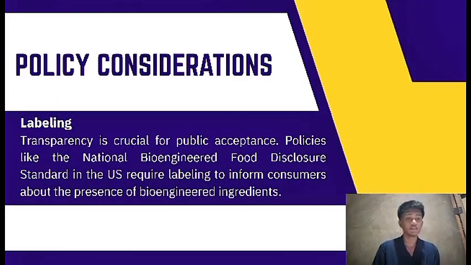Labeling and transparency are crucial for public acceptance. Policies like the National Bioengineered Food Disclosure Standard in the US require labeling to inform consumers about the percentage of bioengineered ingredients.